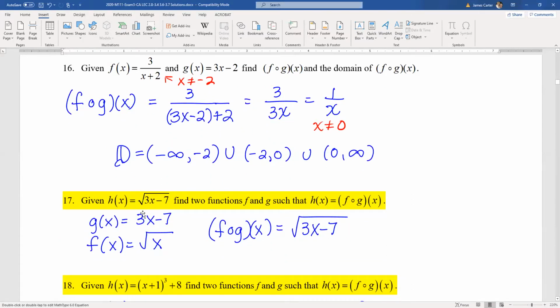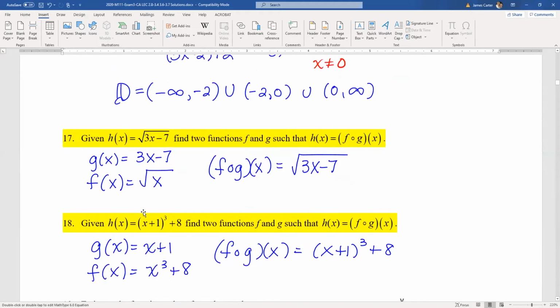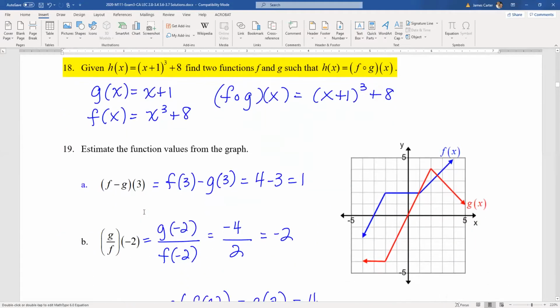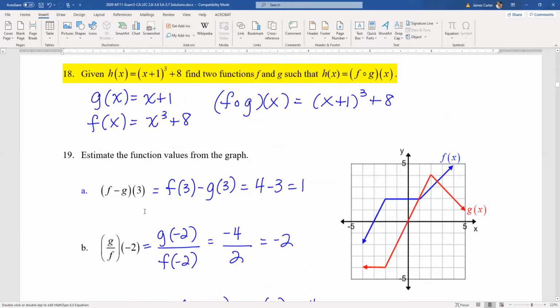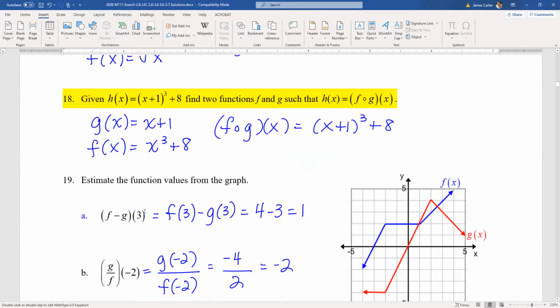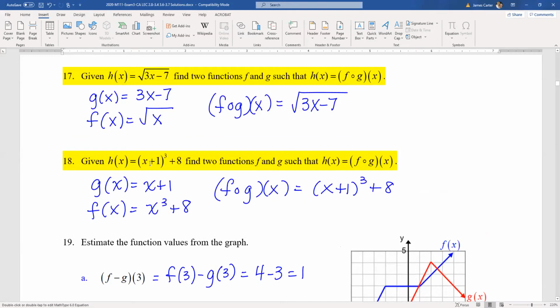And those gaps, by the way, are called asymptotes. Okay, let's go on. We could do these, but we're not going to do these because this is asking us to decompose.